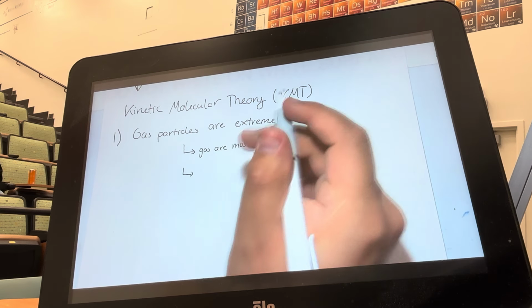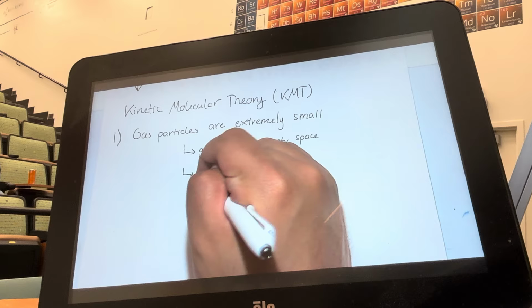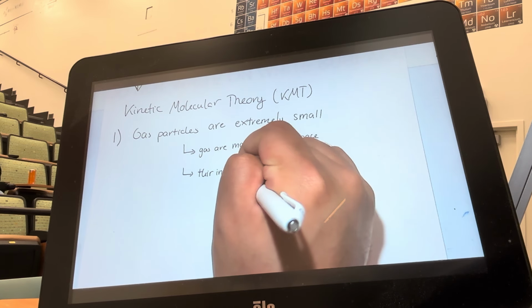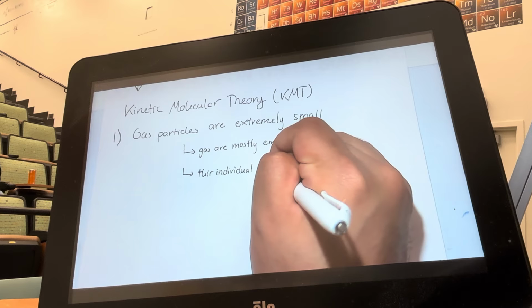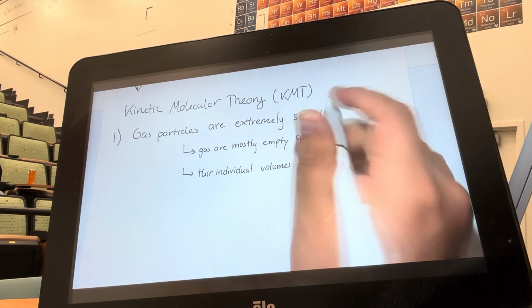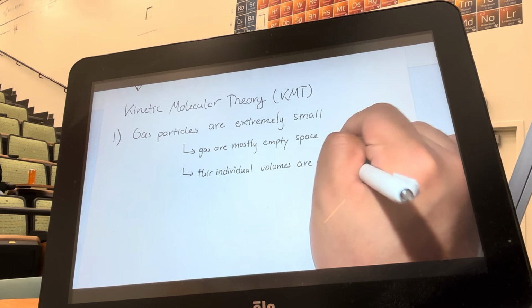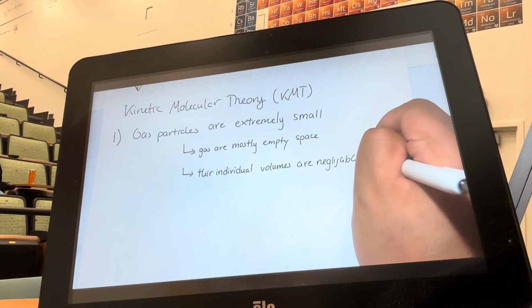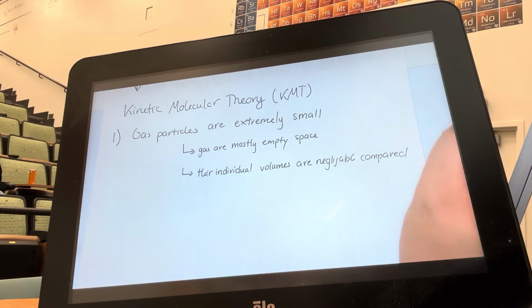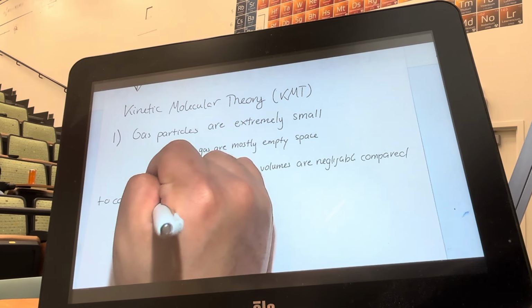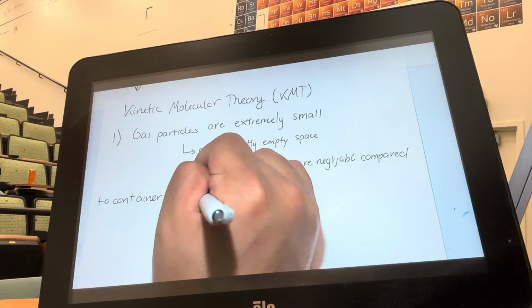And this is the important one: their individual volumes are negligible compared to the container.